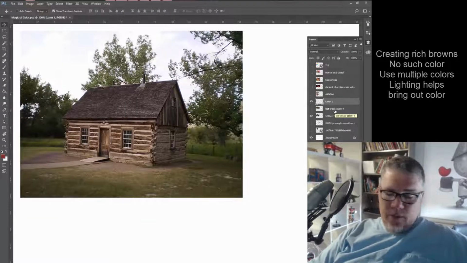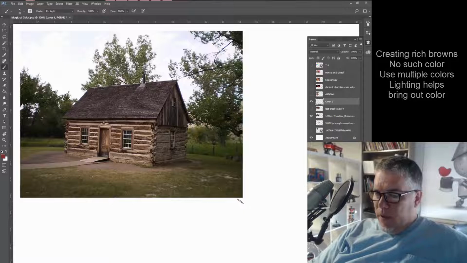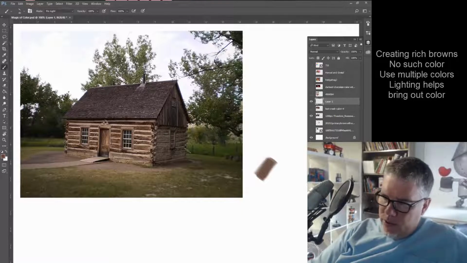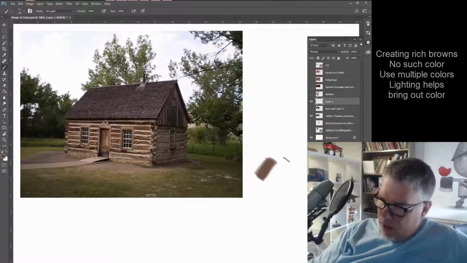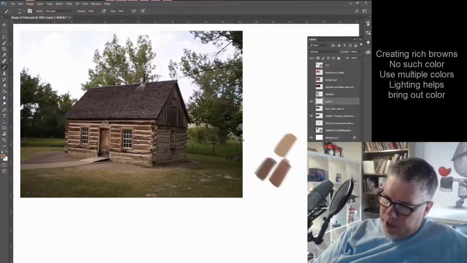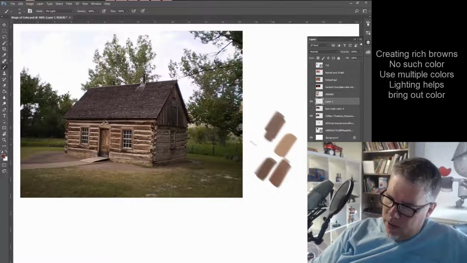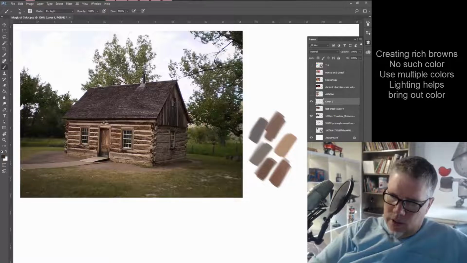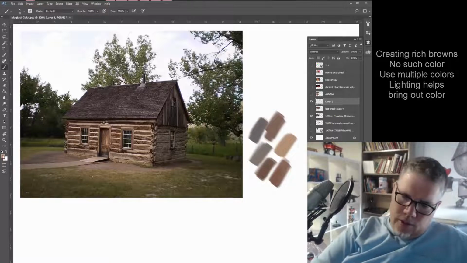Take, for example, this cabin right here. Let's pull some colors out of this, some of those brown tones, and see if we can get anything that resembles a rich brown color. I don't think we can. All these colors, let's see, where's this color found?